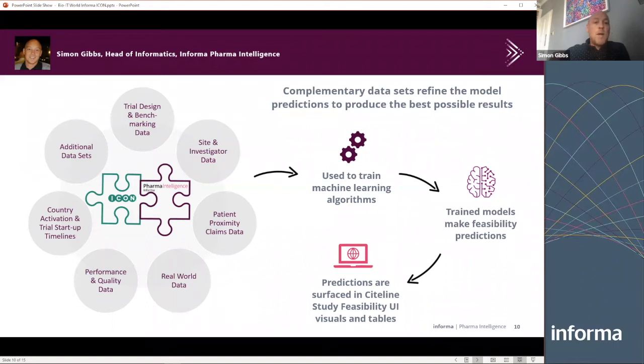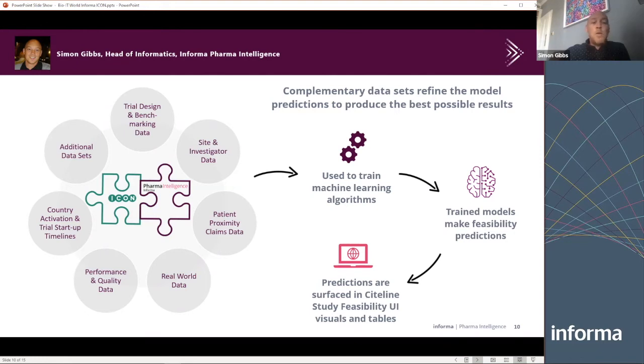And so the platform that we've developed provides a secure environment in which we can integrate and harmonize all of these different data sets together, and then look to either develop features off of those related data sets, or using machine learning and NLP techniques, generate engineered features based on the combination of different data sets that we have.